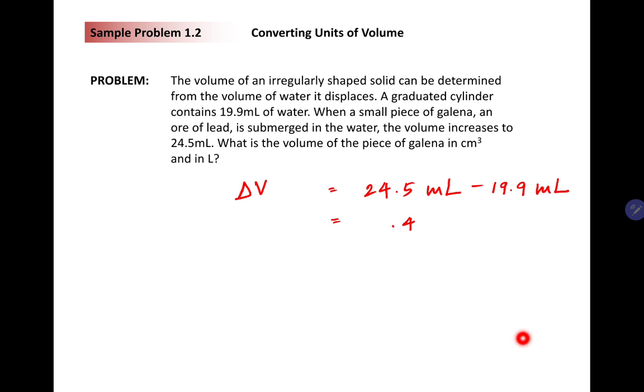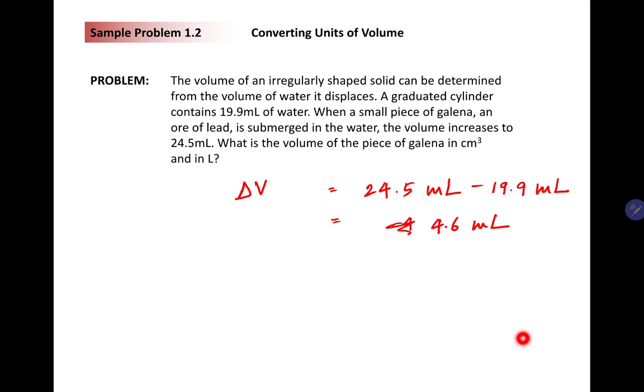I don't have a calculator, but you should be able to use a calculator. All right, so 24.5 minus 19.9, so it will be 4.6 milliliters. So this is the volume displacement, or the volume of the piece of galena.